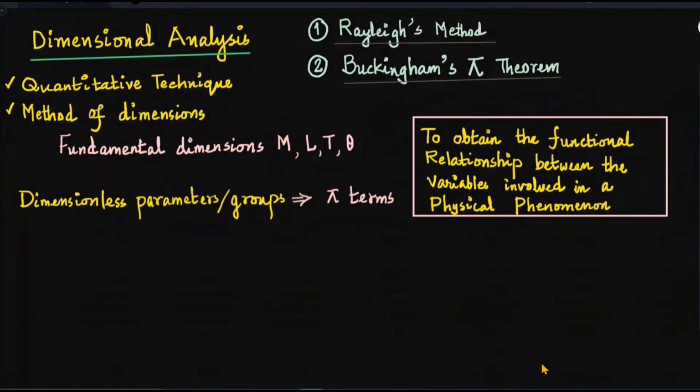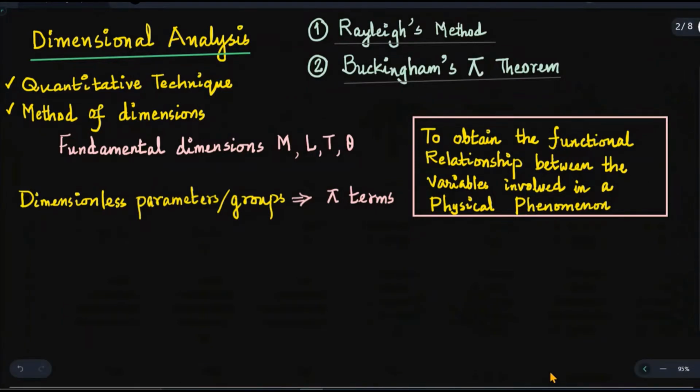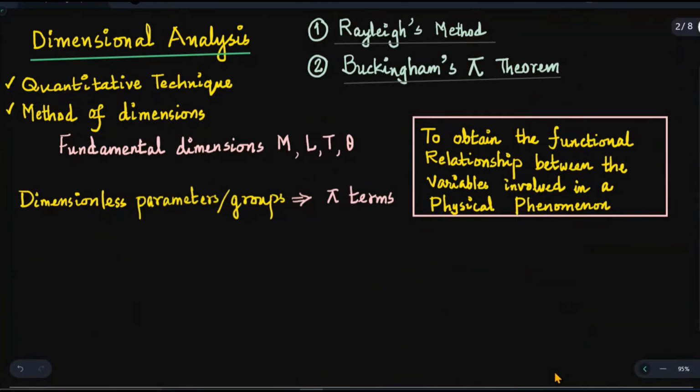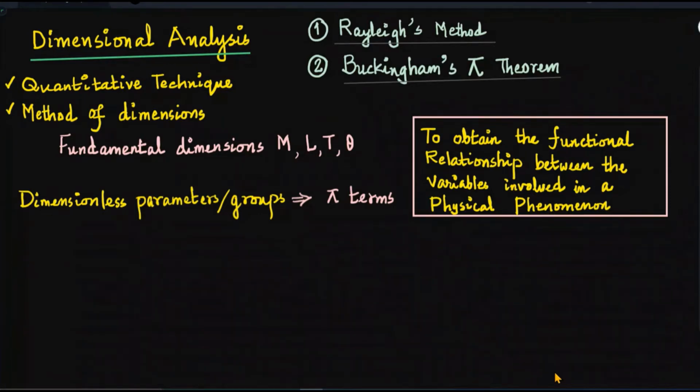Previously, we have written down the dimensions of various physical quantities, the basic properties like viscosity, density, etc., and how to give the dimensions of those physical quantities. For example, density is mass divided by volume, and its dimension then will be M divided by L cube, so ML raised to minus 3.